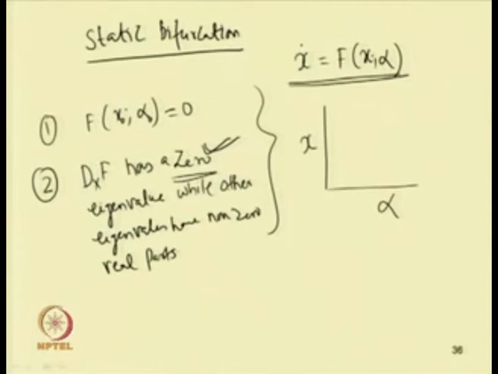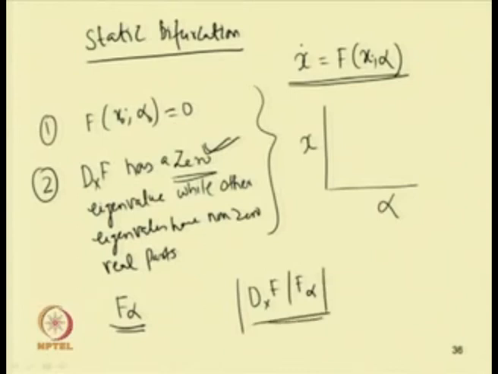So, to distinguish the saddle node bifurcation point from other bifurcation points, we should find f_alpha. f_alpha is the differentiation of f with respect to alpha. And then let us construct a matrix with d_x f and f_alpha.